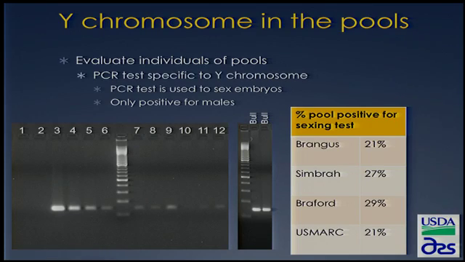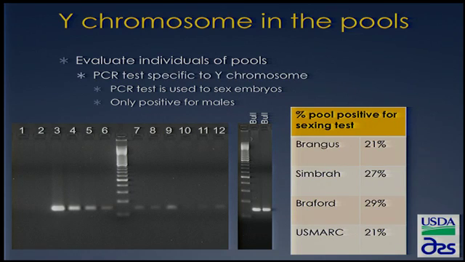And so we utilized a PCR test, and this PCR test is one that I got because it is used to sex embryos. Reproductive departments use it for identifying male embryos versus female embryos. So only a male embryo should give you a positive result. And what we found was I have 12 animals here.